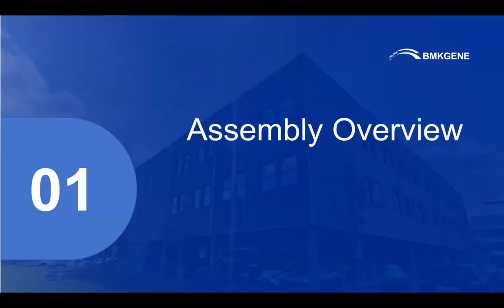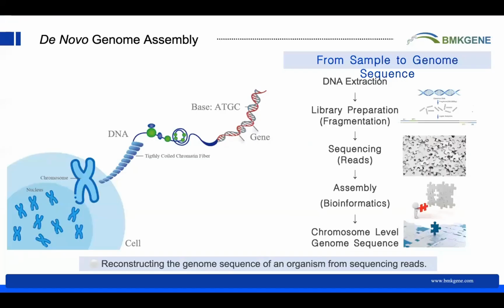So first, let's go on to the assembly overview. We know that DNA is the genetic information within our body or within an organism. The DNA is in the chromosome, a state with a specific structure.